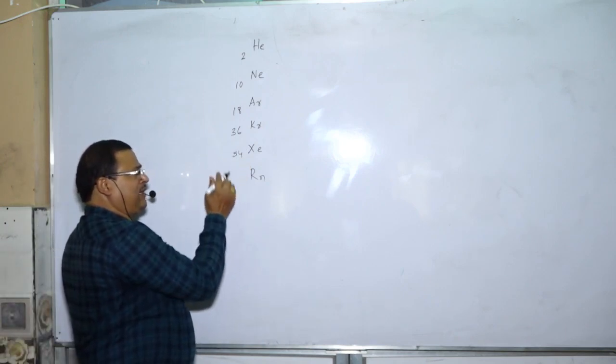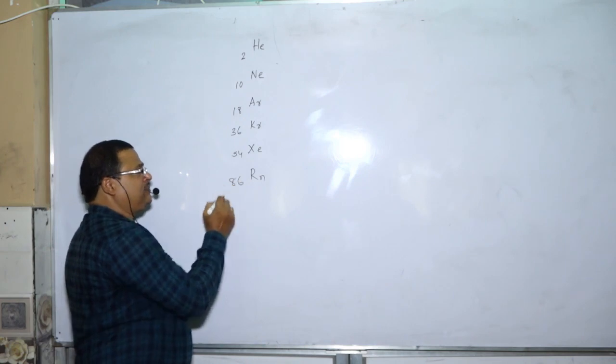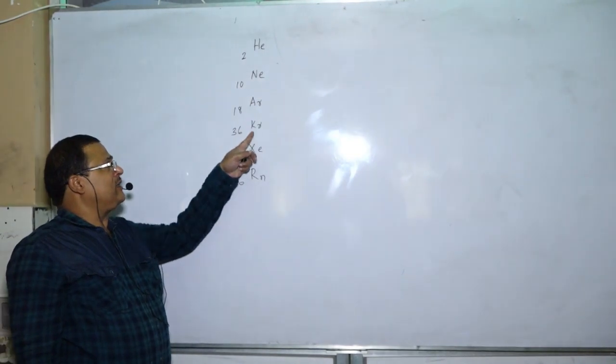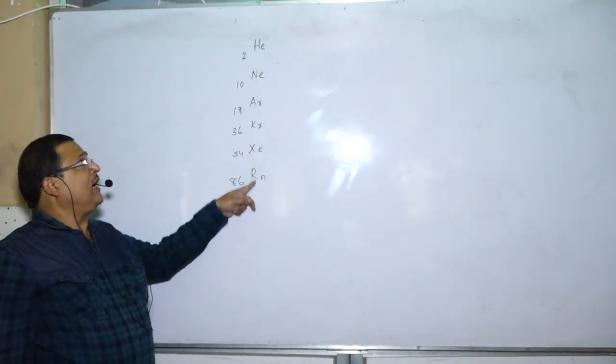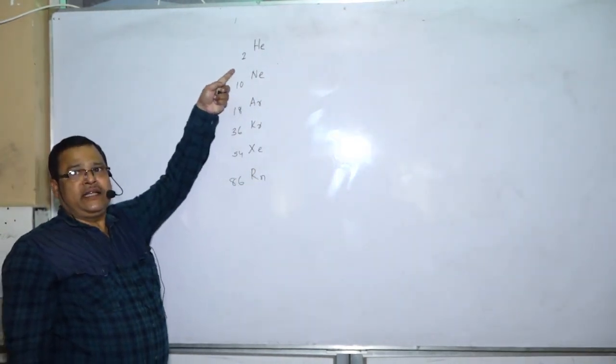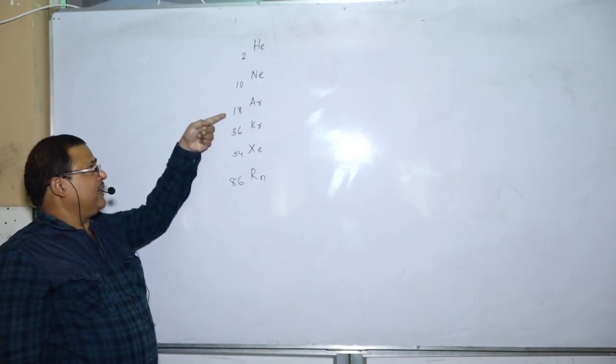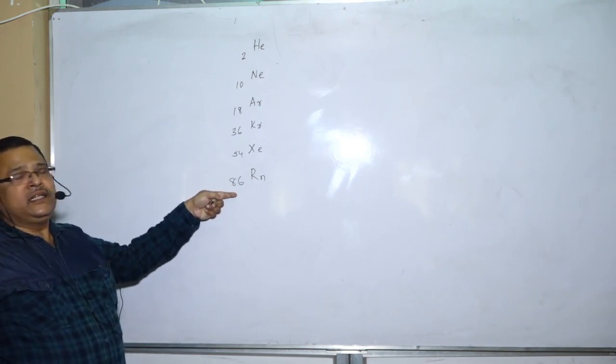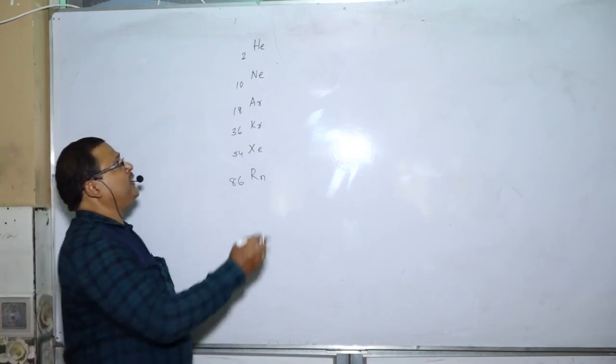And by the addition of 32, that is 86. So the elements are helium, neon, argon, krypton, xenon, radon, and their atomic numbers are 2, 10, 18, 36, 54, and 86. So we can write their electronic configuration.